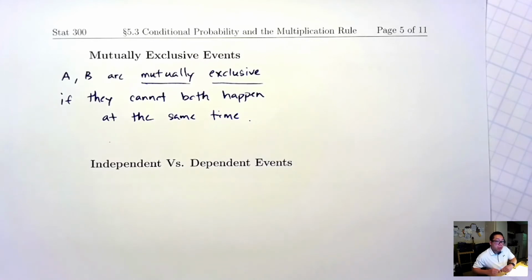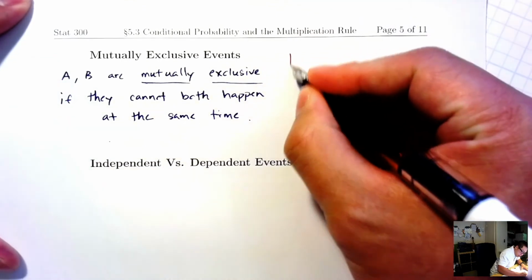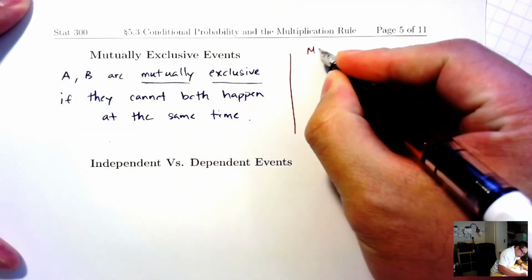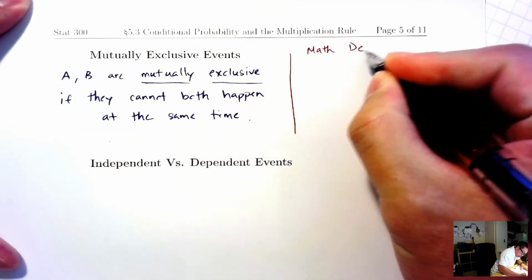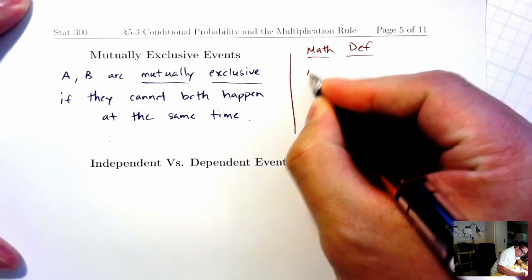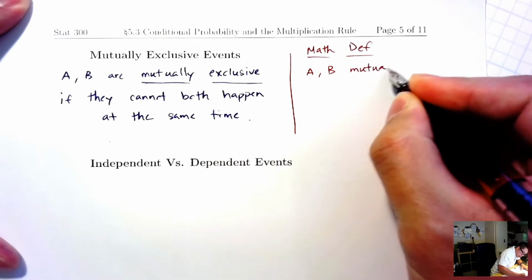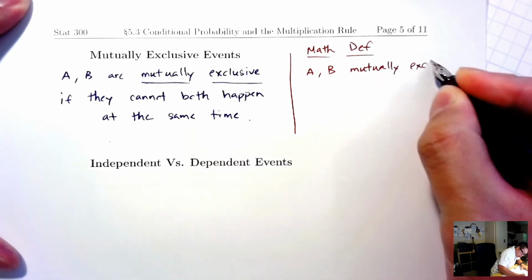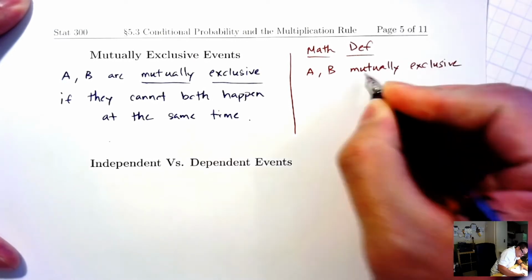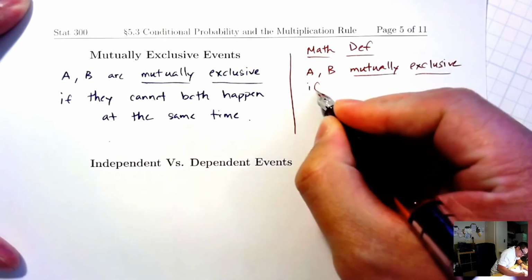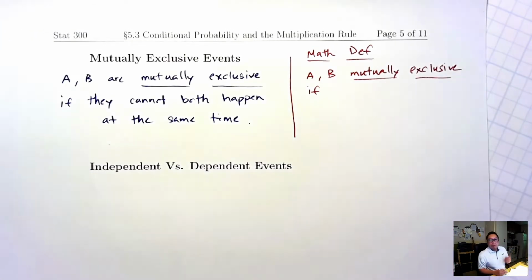So we also talked about a math definition, which let me remind you what that is. Whenever you see the word mutually exclusive, you should be thinking of the and.